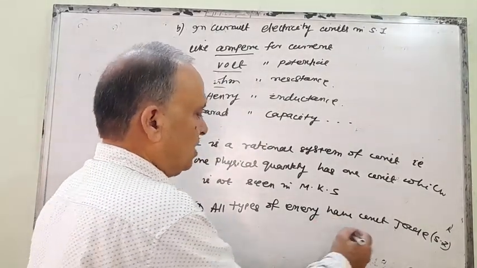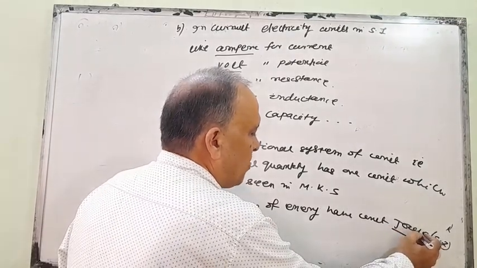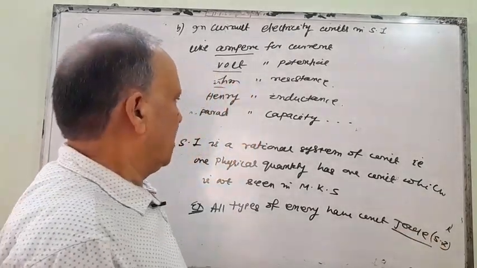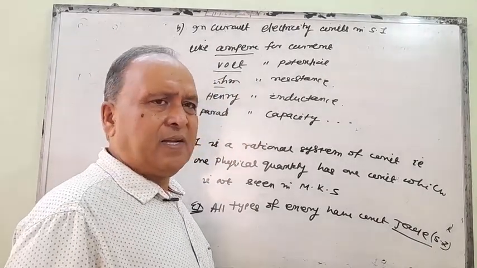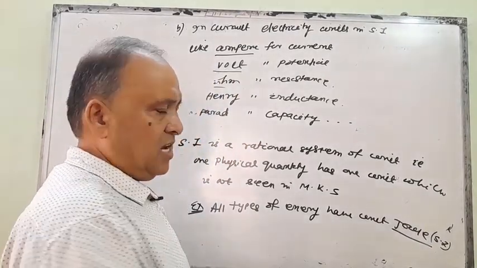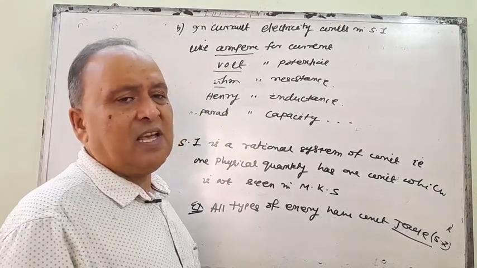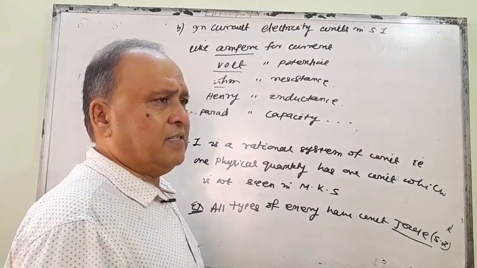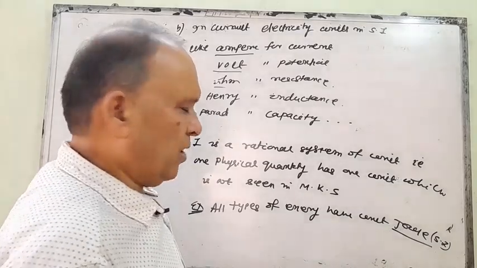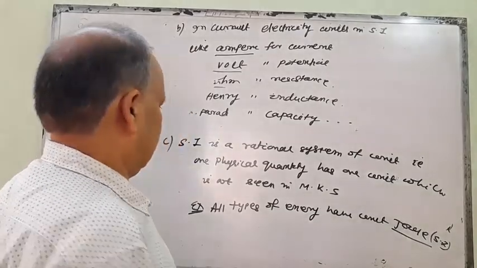Different types of energy, all are rationalized, that is, they have one unit, that is the joule. But in MKS, different types of energy have a different unit. Your mechanical energy has a joule, heat energy has a calorie, your electrical energy has an electron volt, or kilowatt hour, like this.